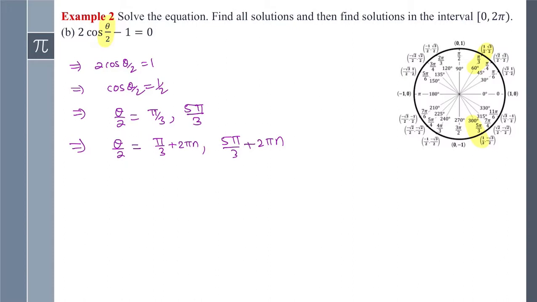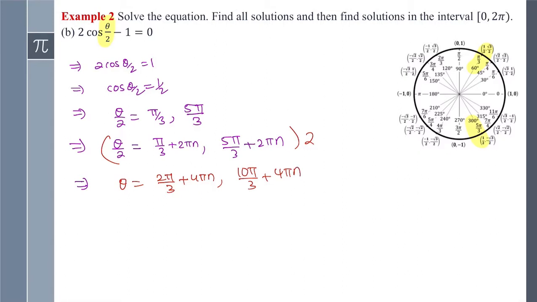But we are trying to find theta, not theta over 2, so we multiply everything by 2. So when we multiply by 2, we get theta equals 2 pi over 3 plus 4 pi n, and then 10 pi over 3 plus 4 pi n.